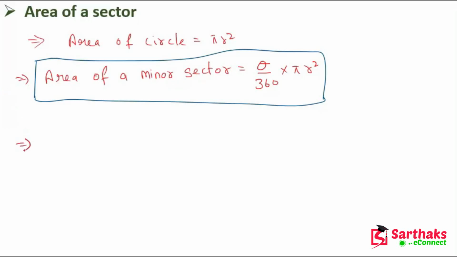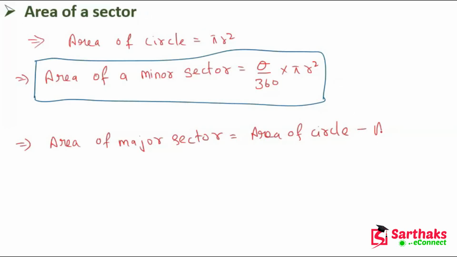And if we want to find the area of the major sector, it is the area of the circle minus the area of the minor sector.